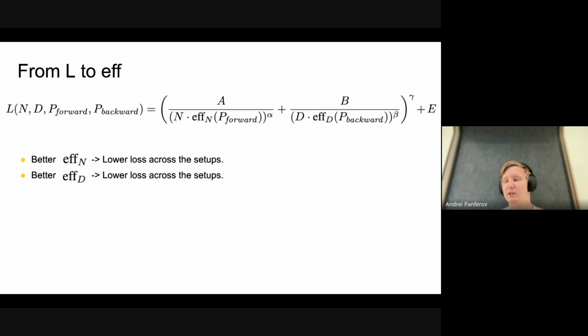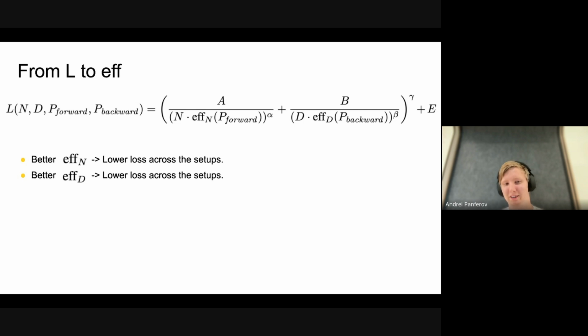One can see that instead of comparing losses for the same parameter count and data count model runs and showing that one method is better than another because it leads to lower loss, we can simply compare the efficiency factors of quantization methods to say which ones would be better or worse for practically any training hyperparameters that you can come up with within the scope of the scaling law.